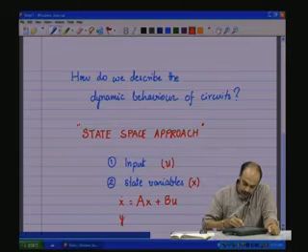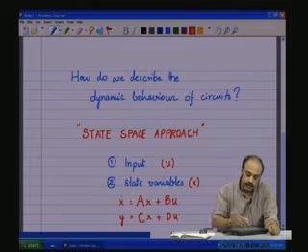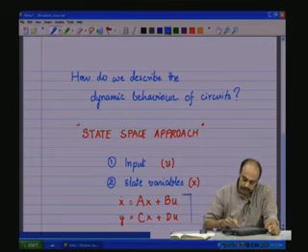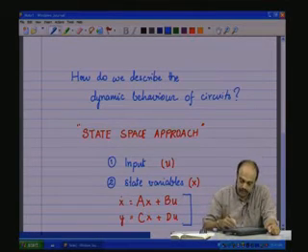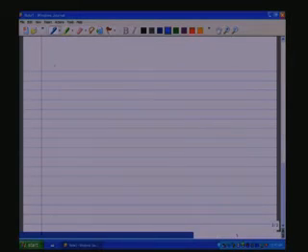And there is one more equation, the output equation, which is written as y is equal to C x plus D u. This is the standard form of representing all systems in the state space domain, and this is called the state equation. I will come back to the state equations again. Let us first have a look at what a state variable is.